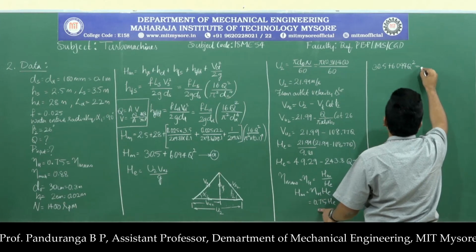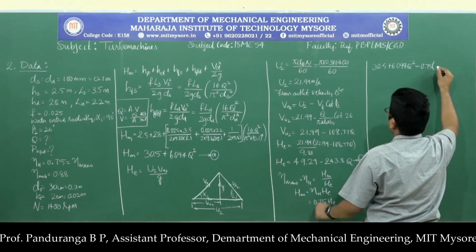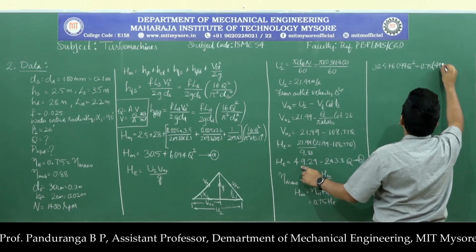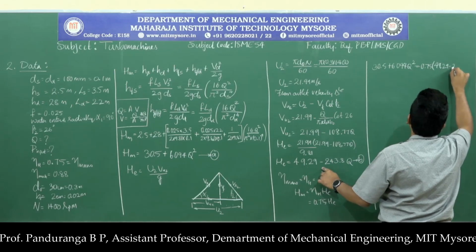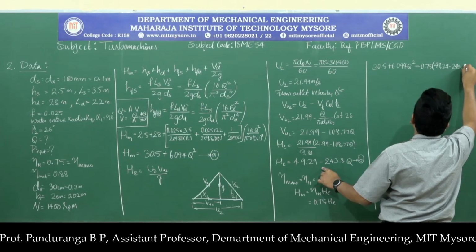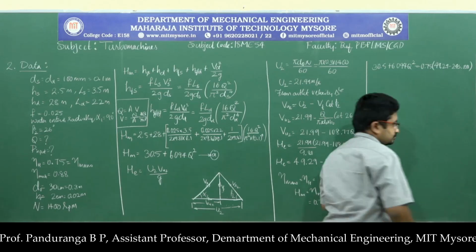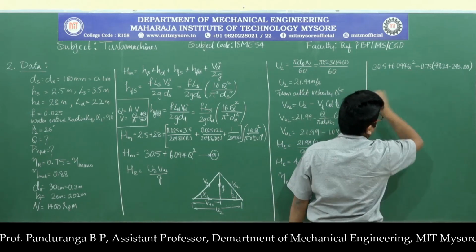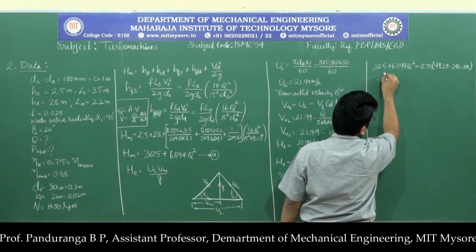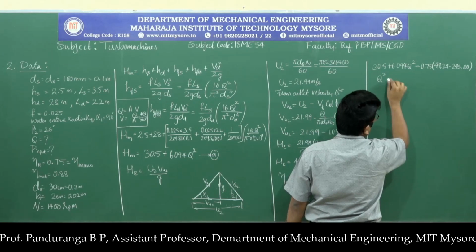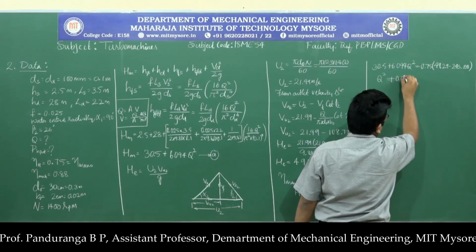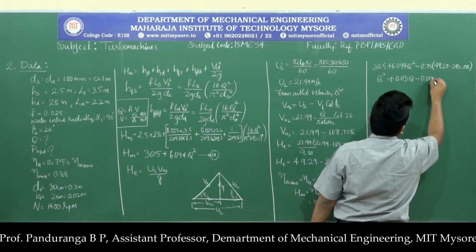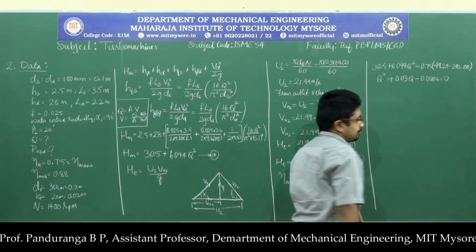This will be equal to 0.75 times of He is 49.29 minus 243.8 times of Q. So now if you simplify this, then Q is the unknown and we get an equation Q square plus 0.03 times of Q minus 0.00106 will be equal to 0.